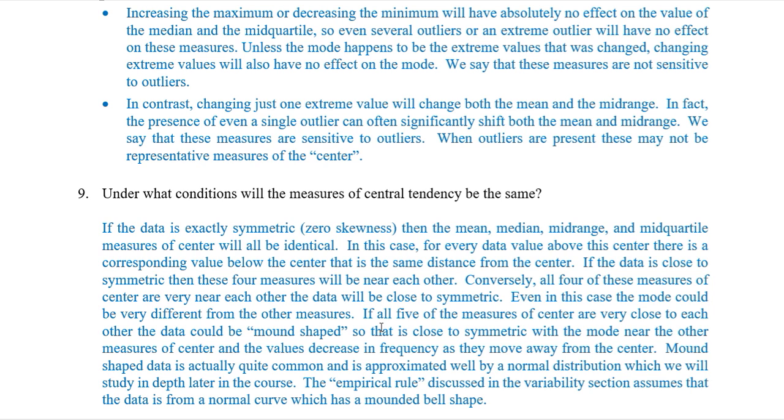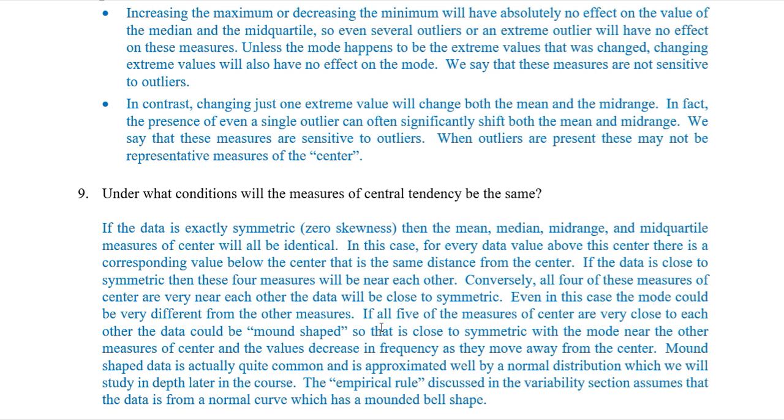But if it turns out that the mode is also the same as the mean, median, mid-range, and mid-quartile, if all five of these are the same, not only is it symmetric, it's mound-shaped so that the highest point is in the middle, and particularly if you have lots of data that is close to the center and then decreases as we go away from the center, left and right, we call that symmetric mound shape.